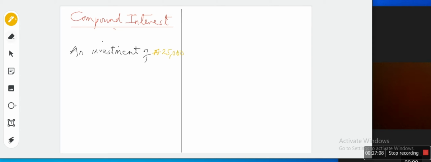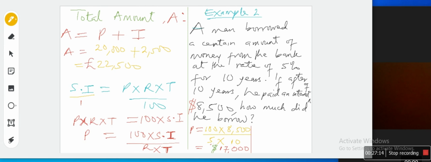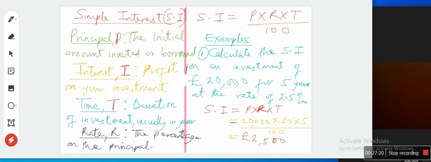Or maybe I should still use the same $20,000. Let me use that same $20,000 so you see the difference. The first example, the principal was $20,000 for 5 years at the rate of 2.5%.